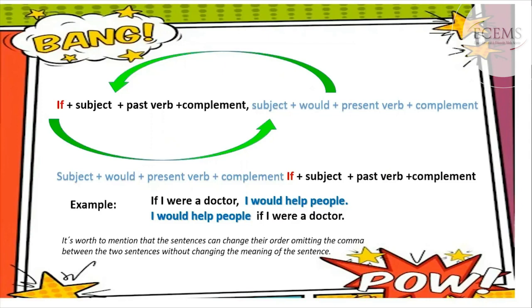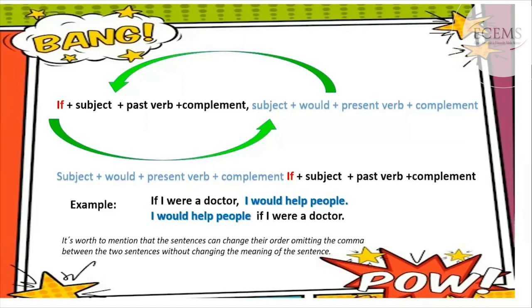If plus subject plus past verb plus complement, comma, subject plus would plus present verb plus complement. Now let's change it. Ahora cambiemos. Subject plus would plus present verb plus complement, if plus subject plus past verb plus complement.